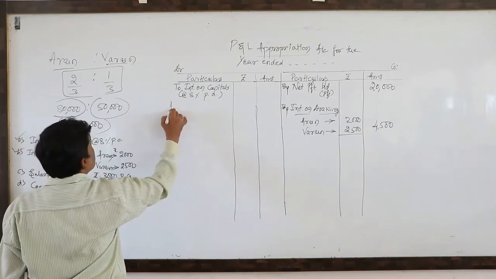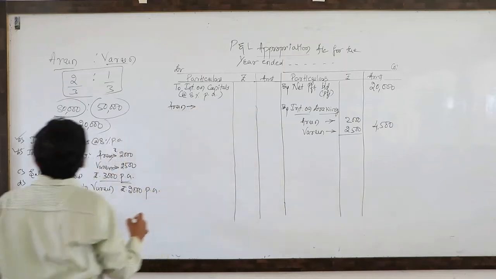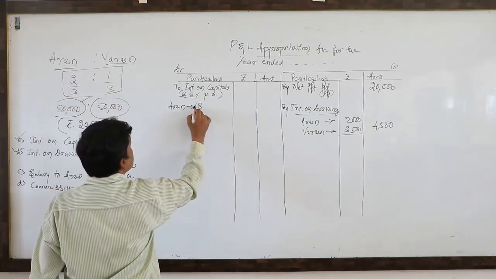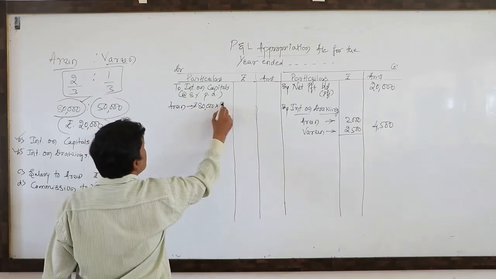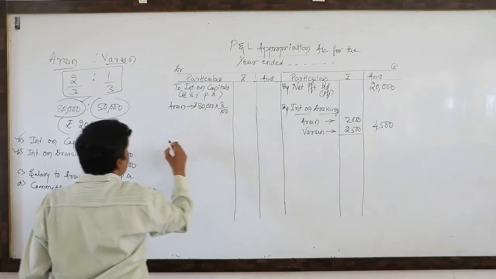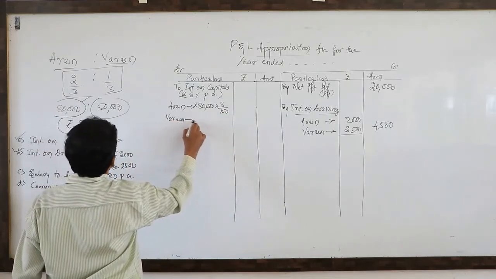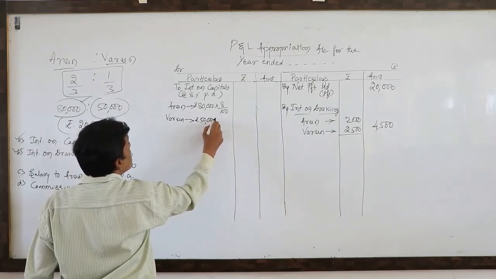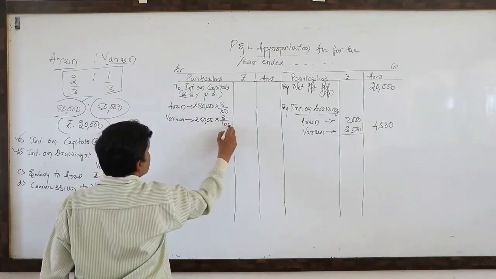The first partner name is Arun. Arun's capital rupees 80,000 into 8 by 100. Varun's capital rupees 50,000 into the same rate, that is 8%.